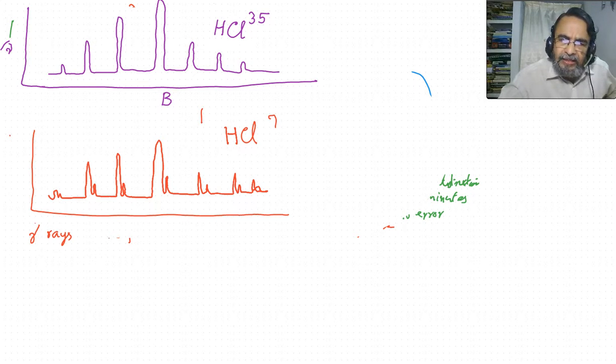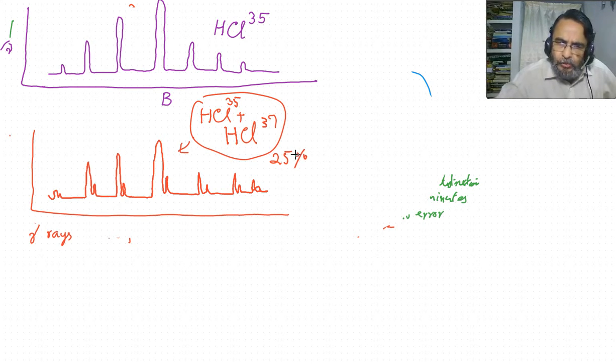If HCl35 is mixed with HCl37, this will be the nature of the spectrum, which shows that in the universe, 25% of natural hydrogen chloride gas is HCl37 and 75% is HCl35. So that information, the isotope presence, can even be determined using the spectrum.